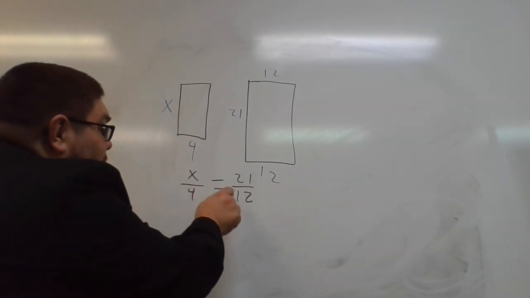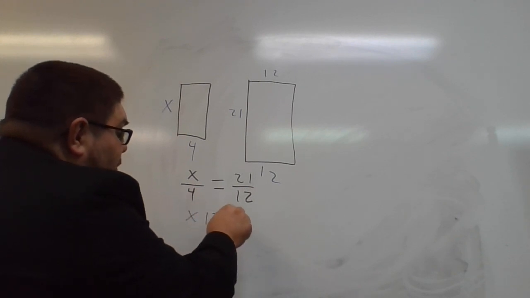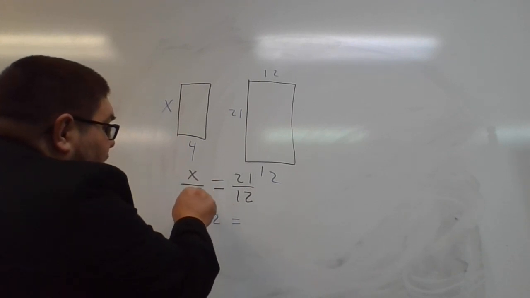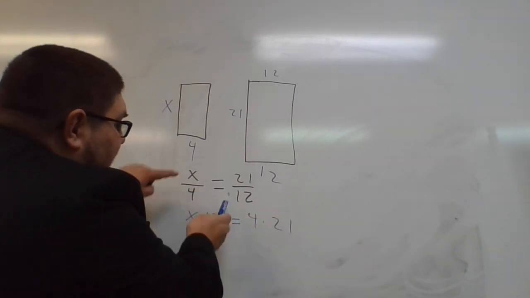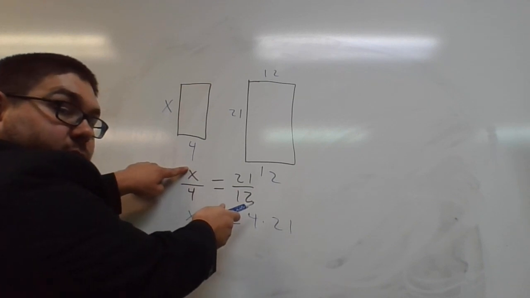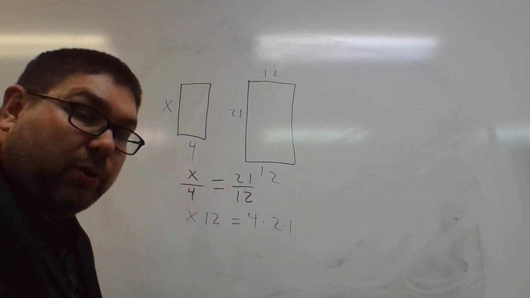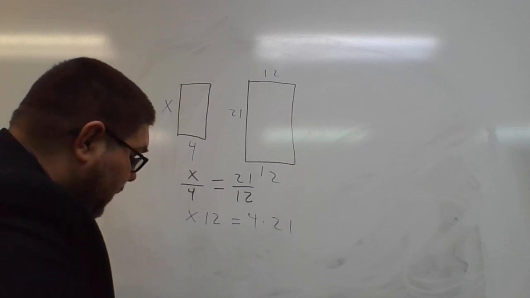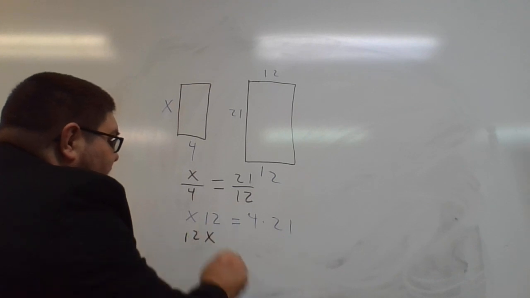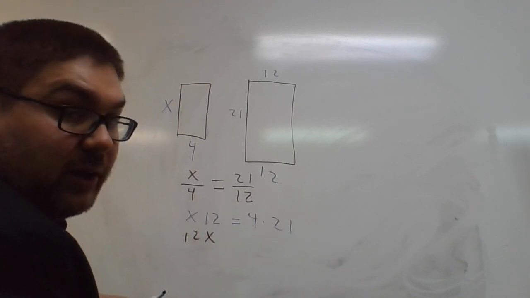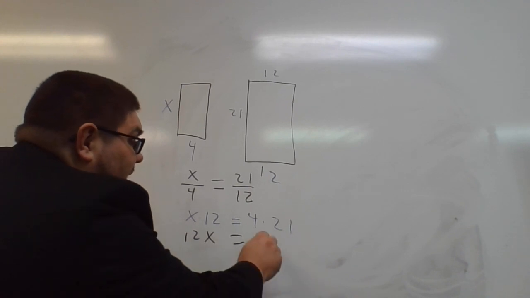I'm going to do x times 12 equals 4 times 21. Cross multiplying. 12 times x is 12x. 4 times 21 is 84.